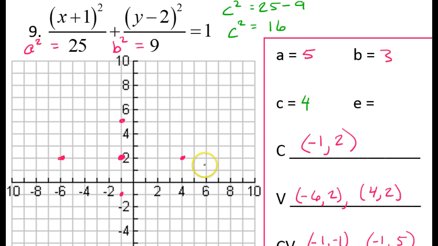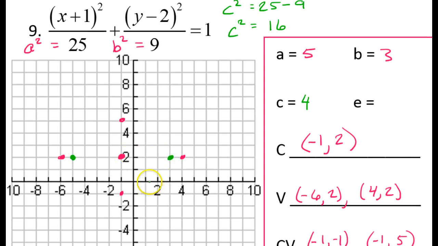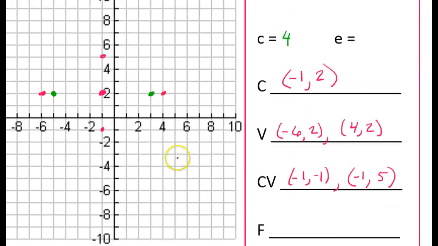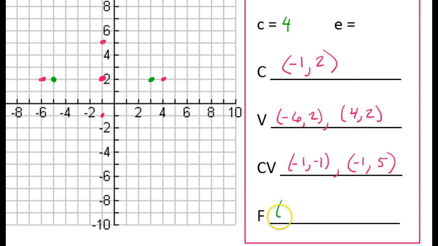The foci will always go on the major axis, always the long way. So in this case, that means going to the left and to the right. So if I go 4 to the left, there's a focus. If I go 4 to the right, there's a focus. Okay, so my foci are then -5, 2, and 3, 2.